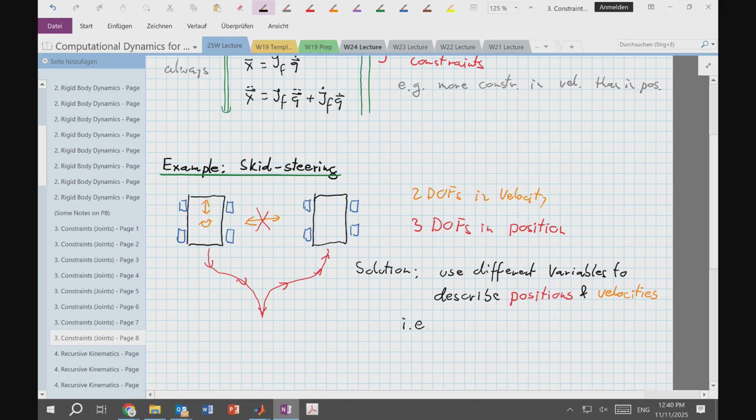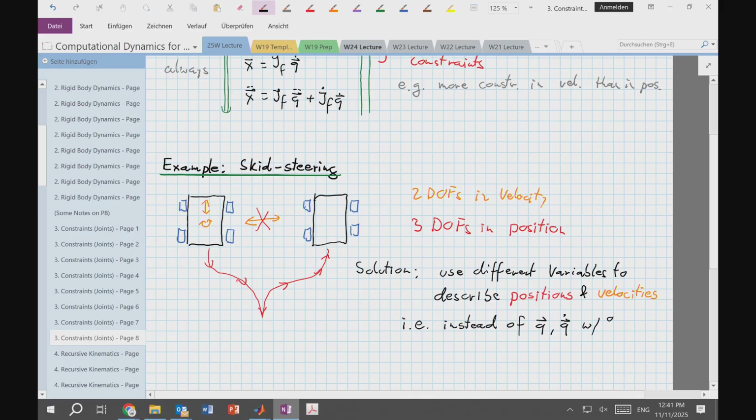So far, I kind of implicitly assumed that I had position variables q and velocity variables, we called them q dot.